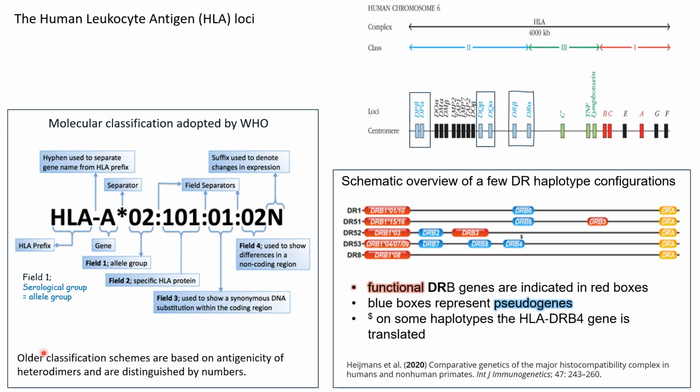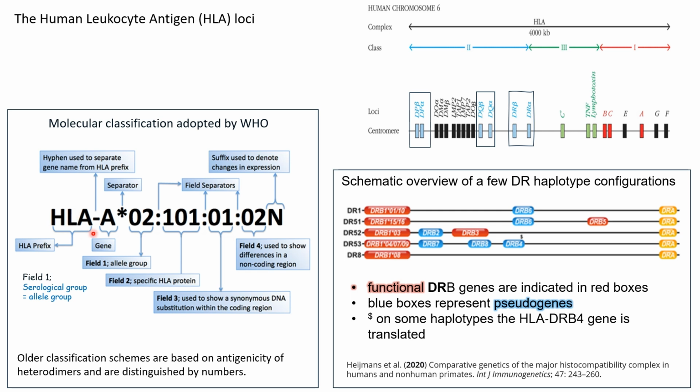Just to complicate things, there are older classification schemes as well, which you will want to pay attention to if you ever actually practically need to work in this field. But I'm just going to talk about the new version, the WHO molecular classification.